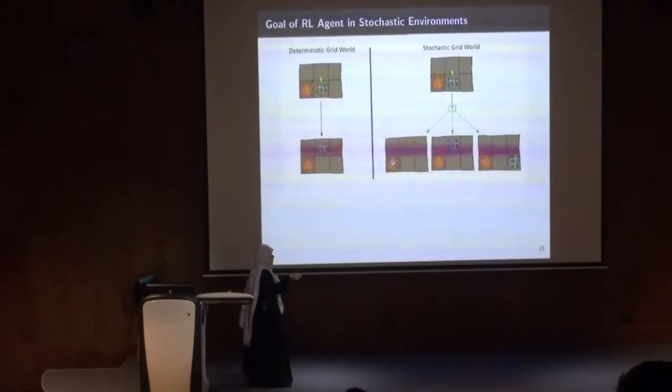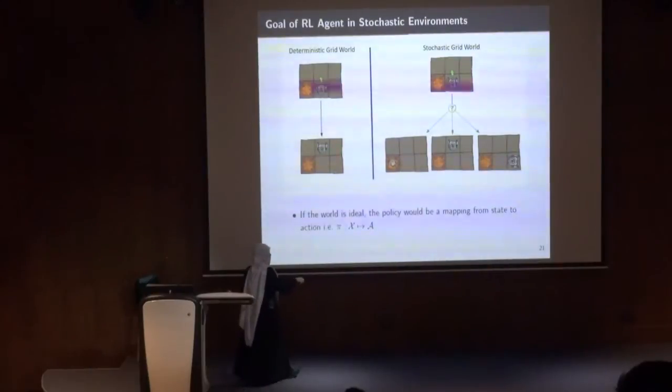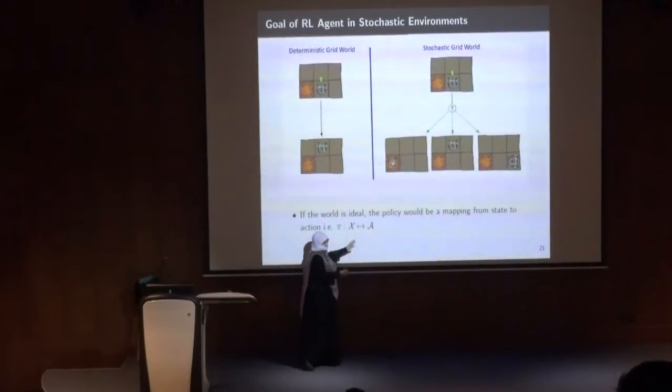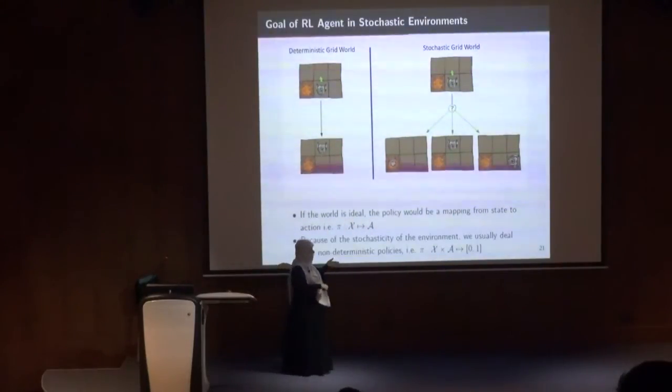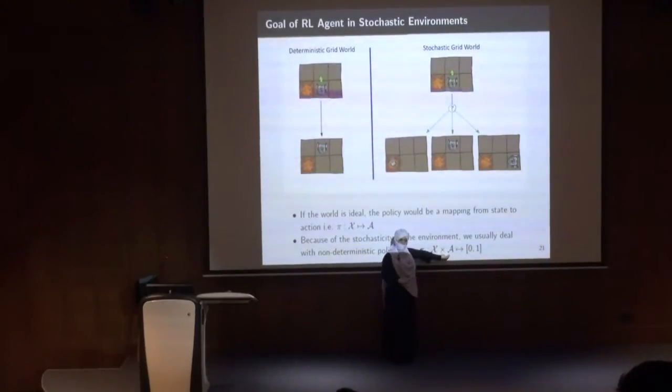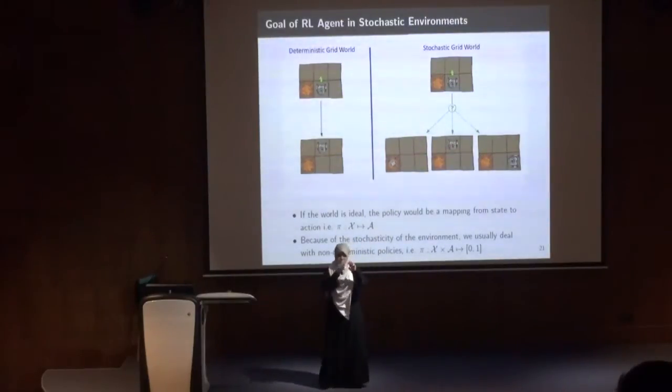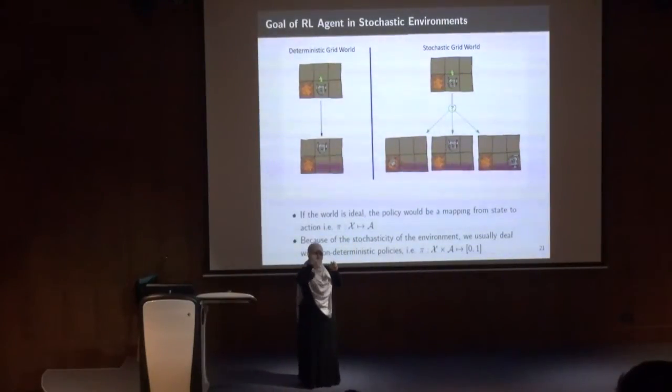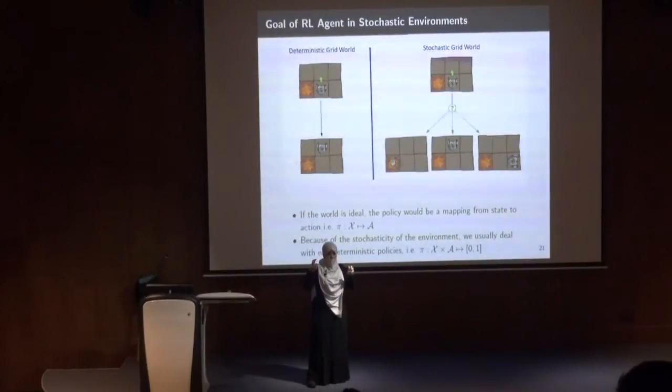Because I have the stochasticity, I can't deal with a policy that takes X and just returns A. It's better to have a policy that takes a state and an action A and returns the probability of taking this action given that you are in a certain state. So now my policy would give me for each state a set of actions and their probabilities, and I would sample and choose an action according to the random variable that I sampled.